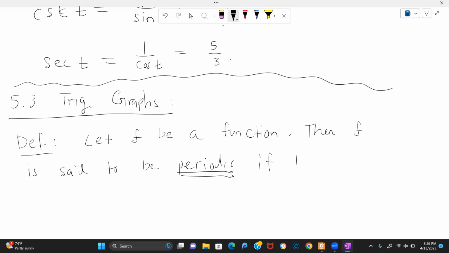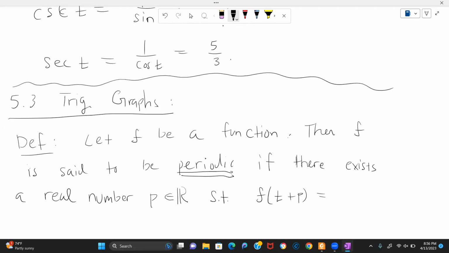You say that there exists a real number p, and this is called the period of the function, such that f of t plus p is equal to f of t for all t in the domain of f.